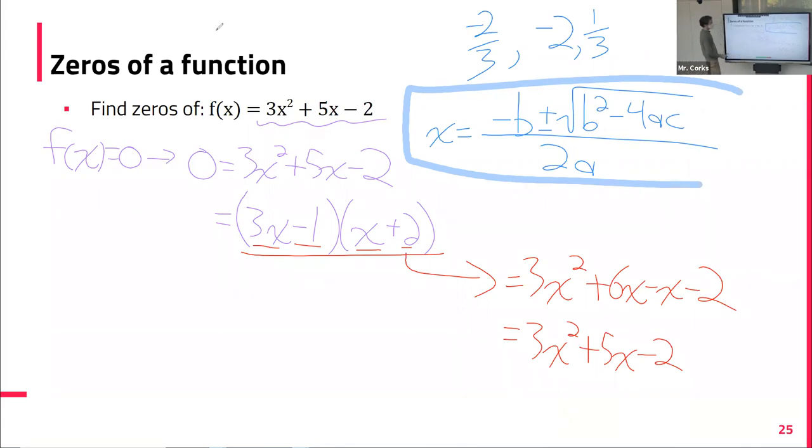The method that we can use here is we look at the A value and make a list of what the factors are for this. And we'd notice, okay, we have 3 and 1, and then we have the C value, -2, and we think of factors for that.